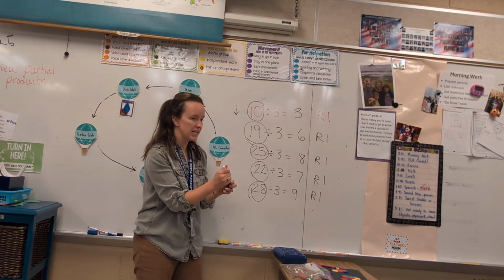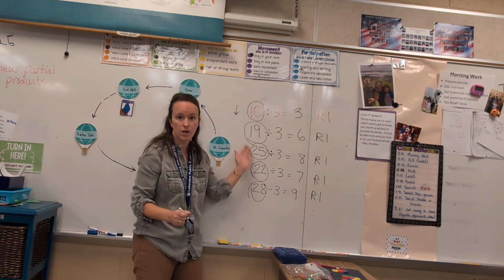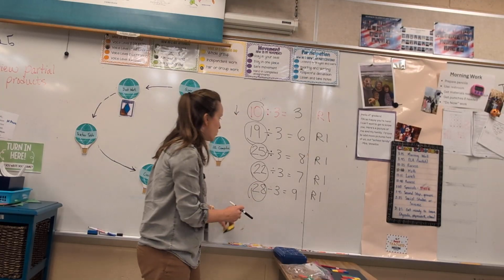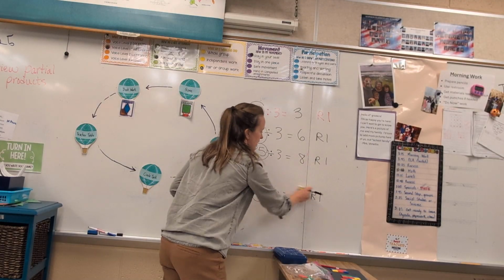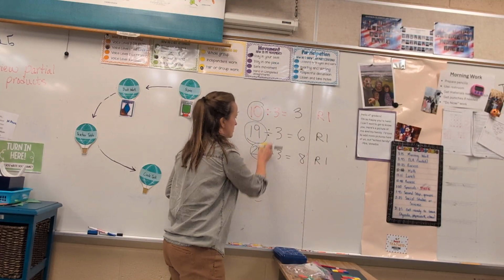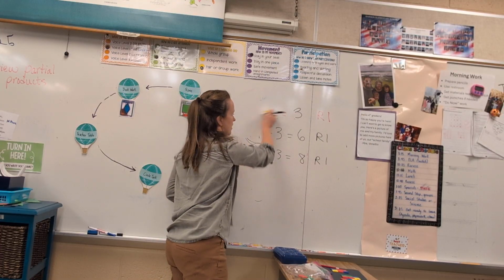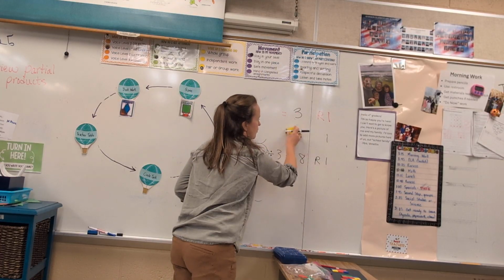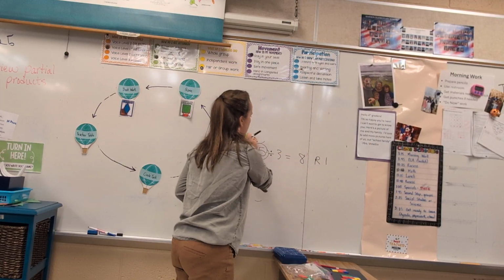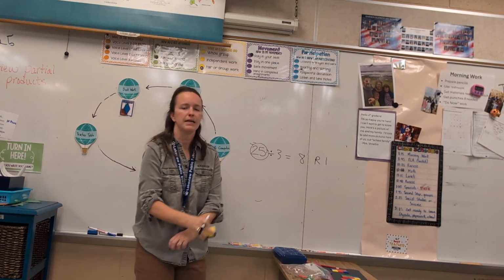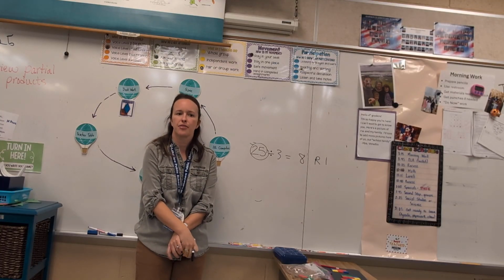I'm going to tell you all of these were possible choices. 25 students was what he had. So when he had 25 students, it did not work to make equal groups of 3. What would it have to be to get 3 equal groups?